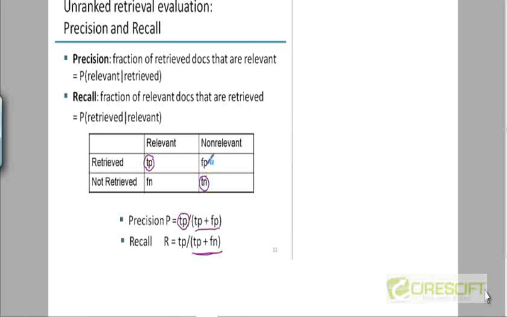Ideally, you want the true positives and the true negatives to be as high as possible, and you want the false negatives and the false positives to be as low as possible. Preferably these should be 0, and the sum of these will always be equal to the number of documents in the corpus.